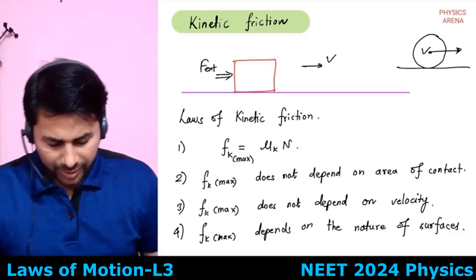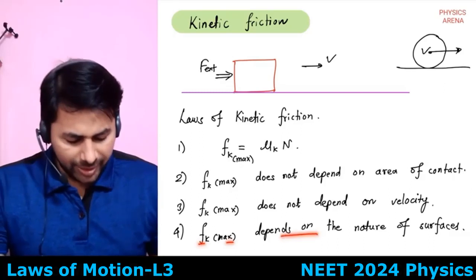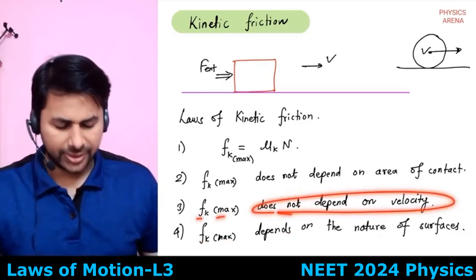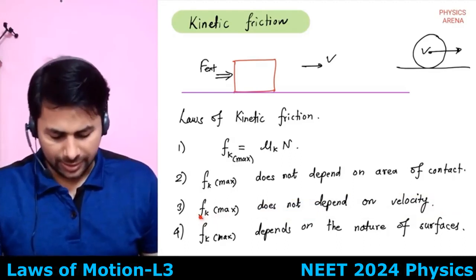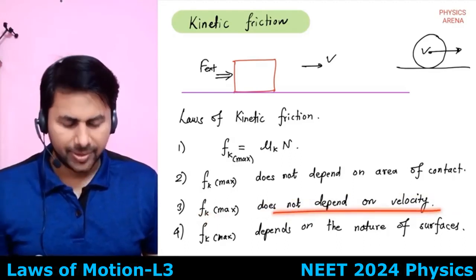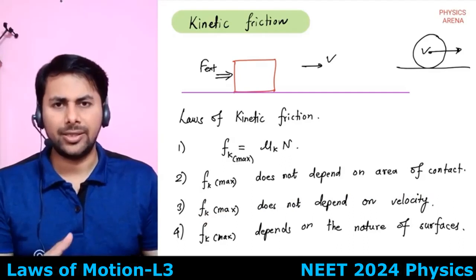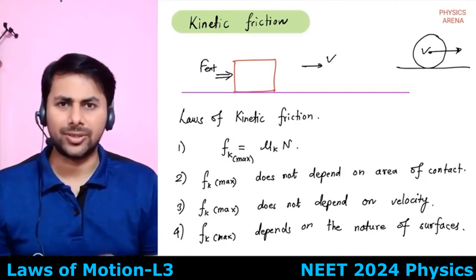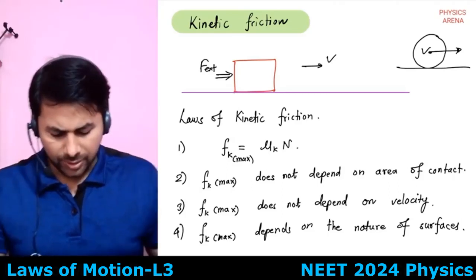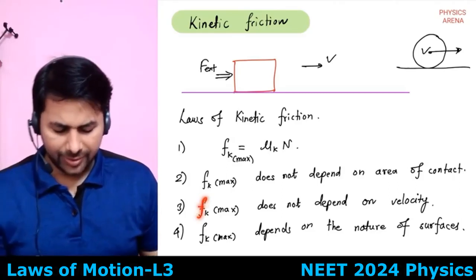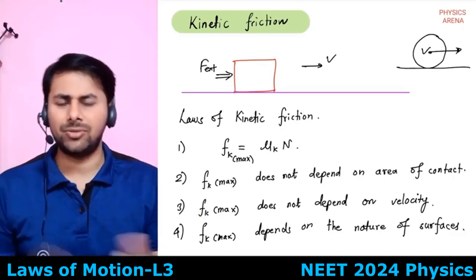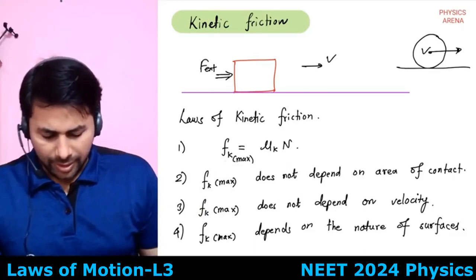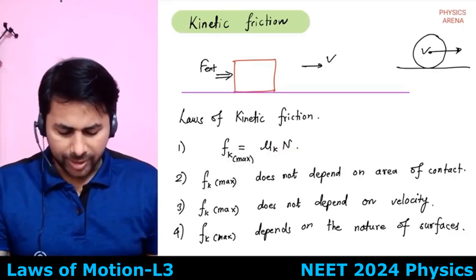Fk max does not depend on the velocity, unless there is one velocity which is known as the critical velocity between two bodies. So we'll consider Fk is constant only. There is no minimum or maximum value. So Fk is equal to mu k multiplied by the normal reaction.